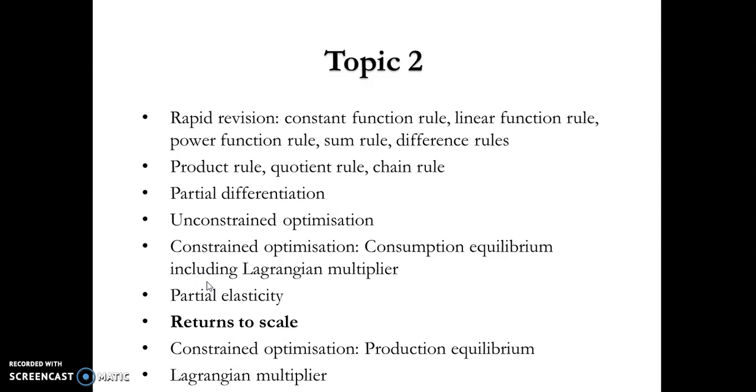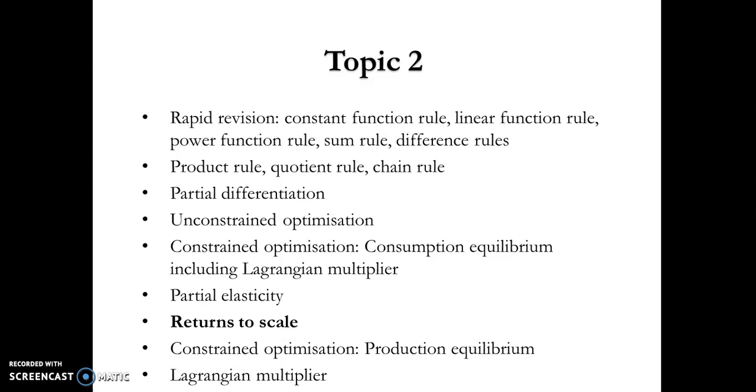You are going to be dealing with returns to scale, and we could have started with constraint optimization, particularly dealing with production equilibrium. However, you have not done this in ECO231.